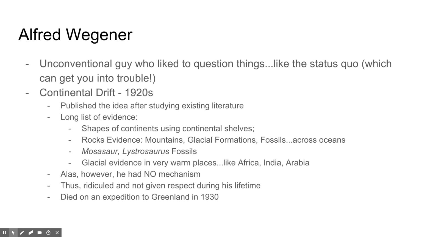Thus, he was ridiculed, not given a lot of respect for this idea during his lifetime, and ended up dying on an expedition to Greenland in 1930, and the rest is history. This kind of thing, he's not the only person to ever have this happen to him, and he won't be the last. But it's one of those examples of where, keep your life in perspective. You may have a really great idea that right now is kind of thrown around as idiotic, but 15, 20 years from now, and you may already be dead, that idea may become really important.